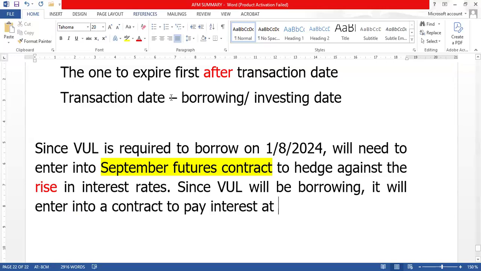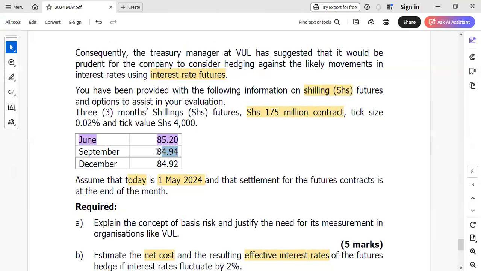Now you look at the opening, the September one, is this one. But what is quoted here, these are prices, not percentage. So you convert from a price to percentage. How do you convert?